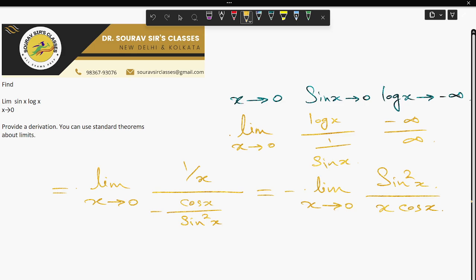So fine, so good. Now what can we do? The limit can be written as minus of limit x tends to 0 sin x by x, times limit x tends to 0 sin x by cos x.